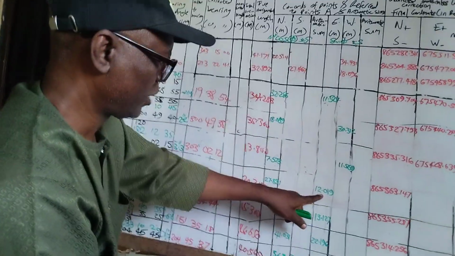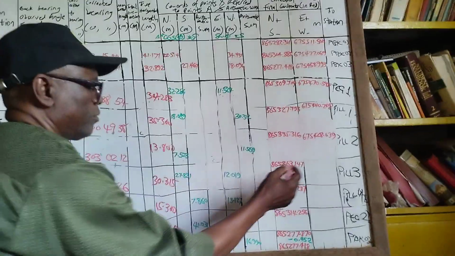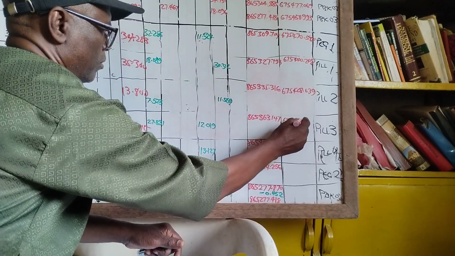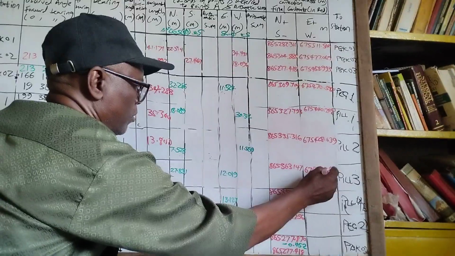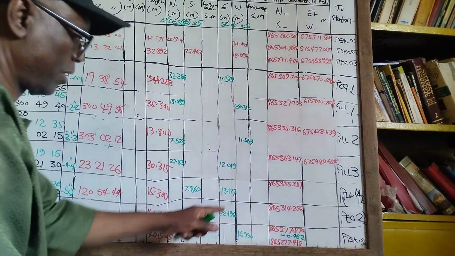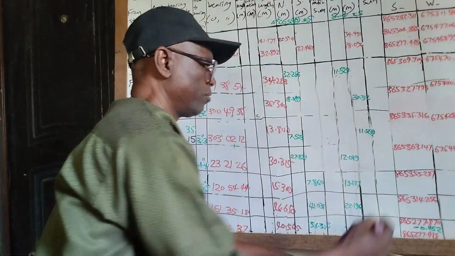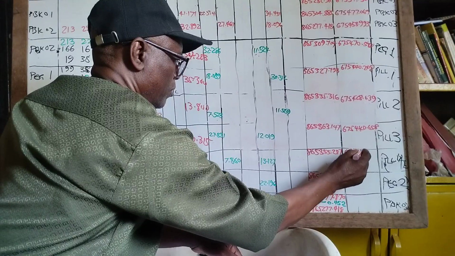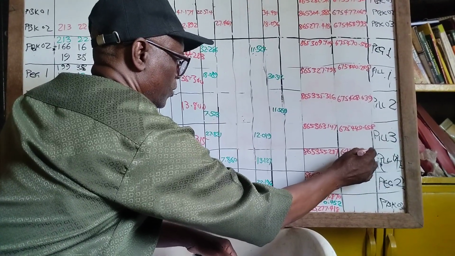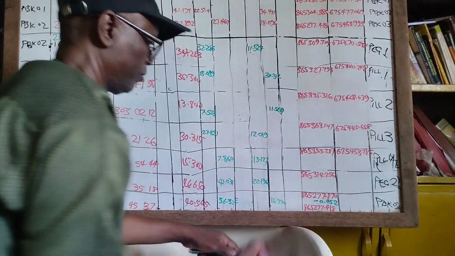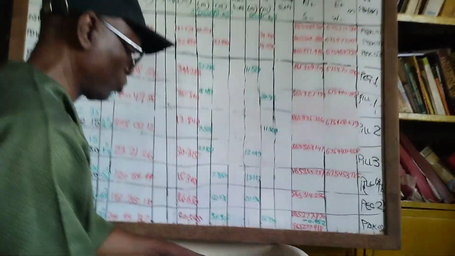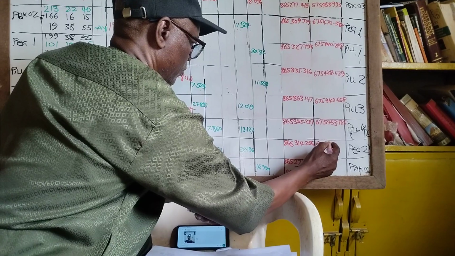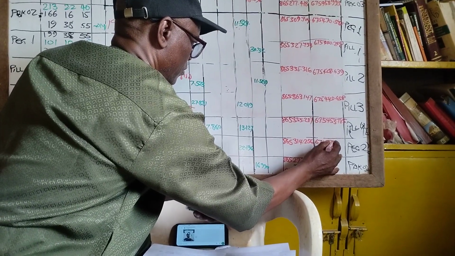Now add 12.019: 675440.658. Add 13.127: 675453.785. Add 22.196: 675475.981.